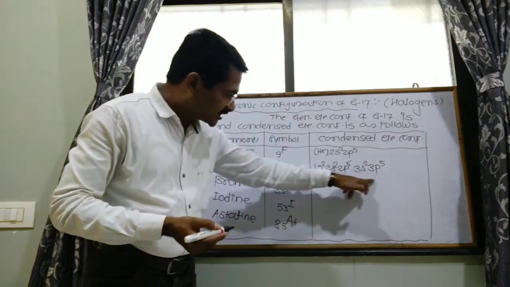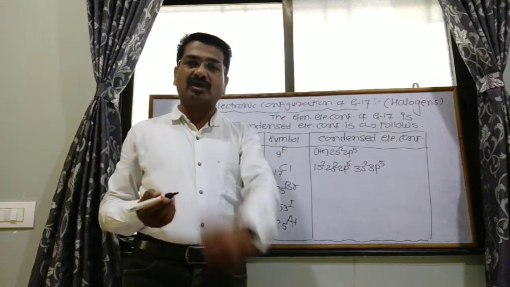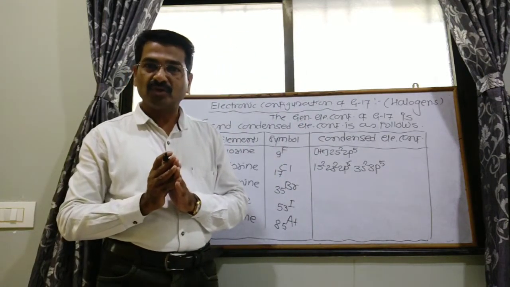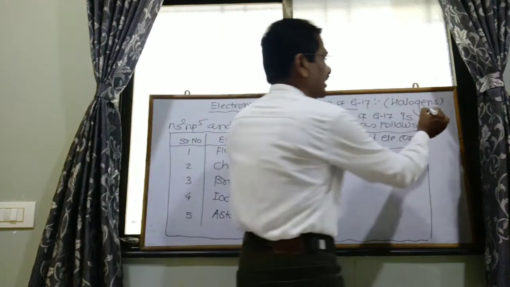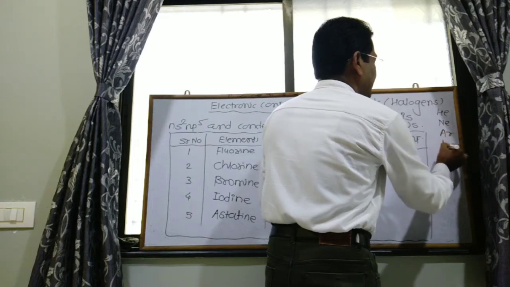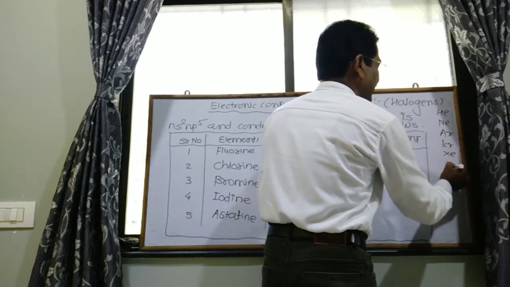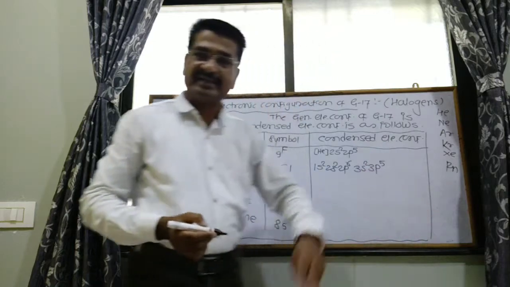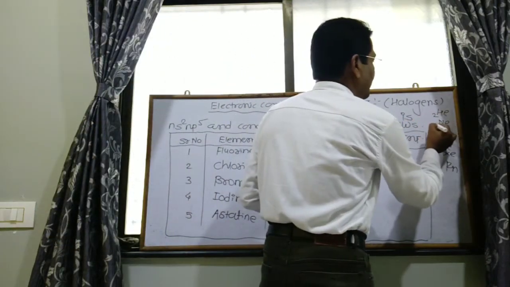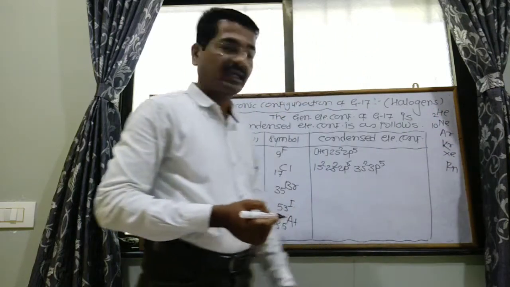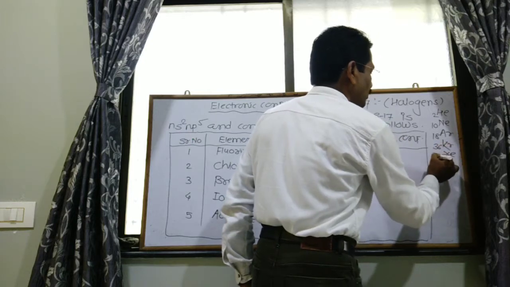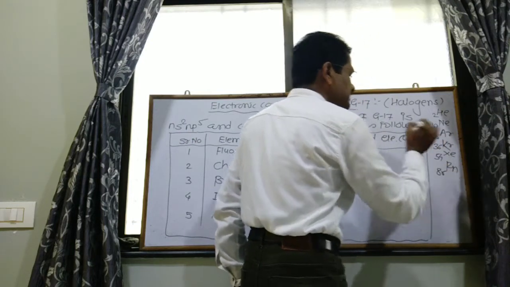In this electronic configuration, what is the nearest zero group element? You know the zero group elements: helium, neon, argon, krypton, xenon, and radon. These have atomic numbers helium 2, neon 10, argon 18, krypton 36, xenon 54, and radon 86.